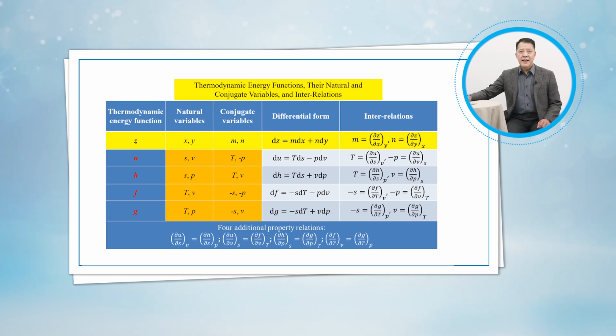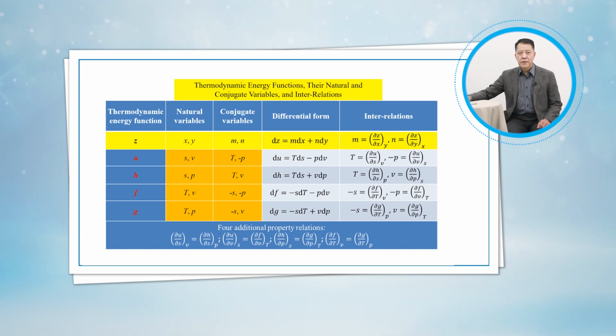We observed that all thermodynamic state functions listed in the table are a function of four independent variables in total, either as their corresponding natural or conjugate variables.